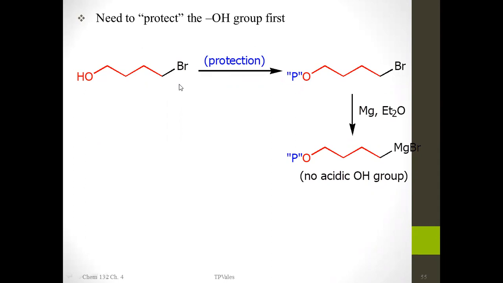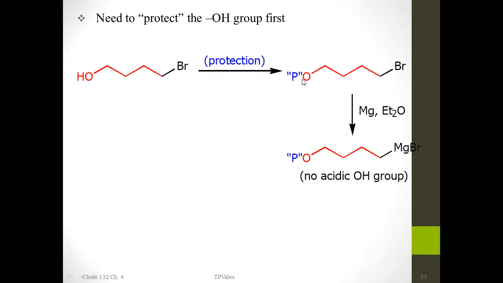When you prepare a Grignard reagent, there should be no other atoms here that can react with your Grignard reagent. Normally there should be none. But since this is our desired product, if the OH must stay, we need to protect this first in order for this to not react with Grignard reagents. How do we protect?